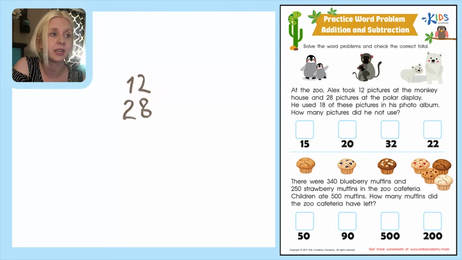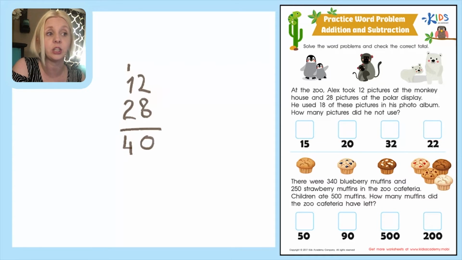Okay, so I need to add those two together to find out how many pictures he took total. So 8 plus 2 is 10, okay, and I'm going to need to carry the 1 over here. And then 1 plus 2 is 3, but don't forget to add the 1, would be 4. So he took all together, he took 40 pictures.